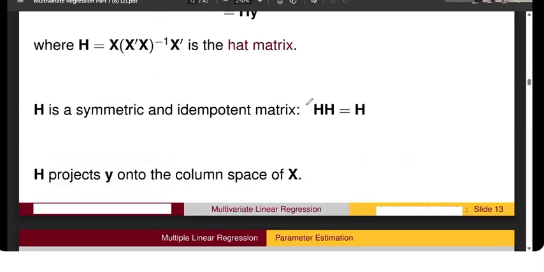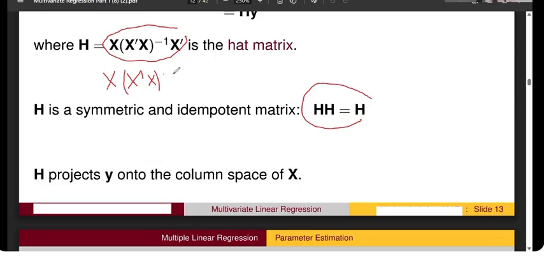The hat matrix has to be idempotent. Idempotent means if I use it to multiply itself, it's going to give itself. Look at that. If I have this guy, X, this, transpose, please pay attention, multiplying itself now, if you multiply itself, it's going to give itself.